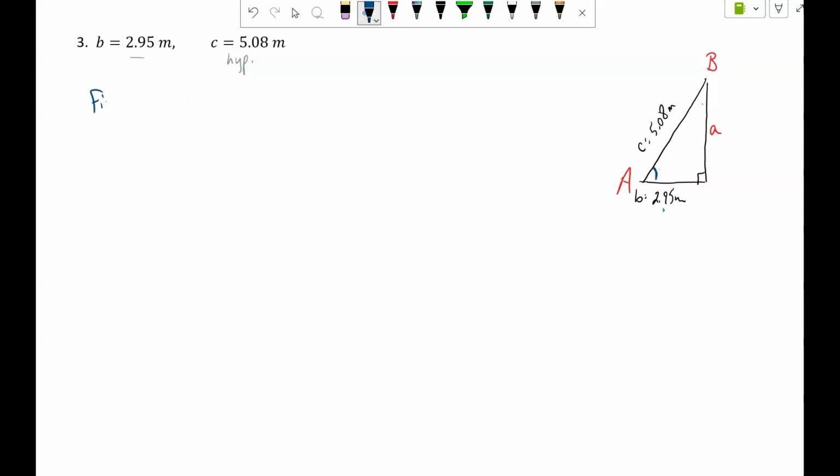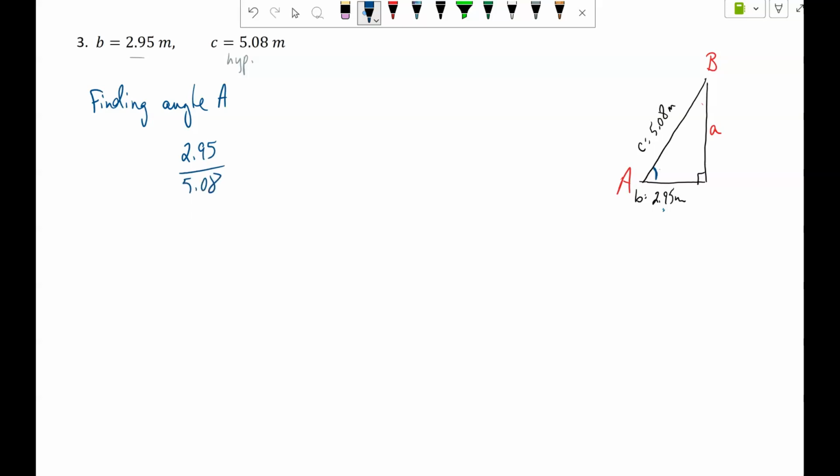Adjacent A over hypotenuse is 2.95 over 5.08.